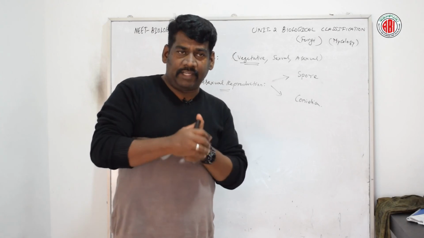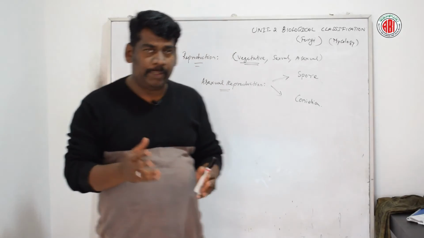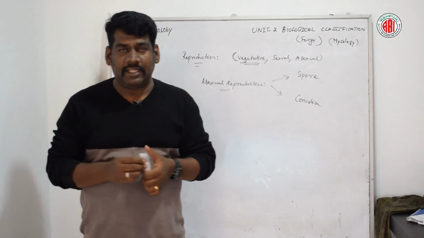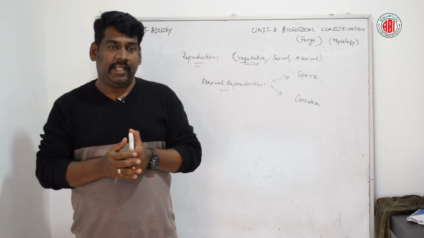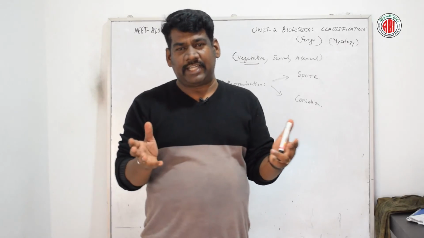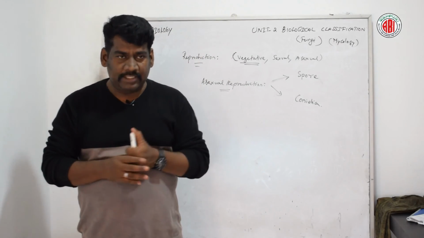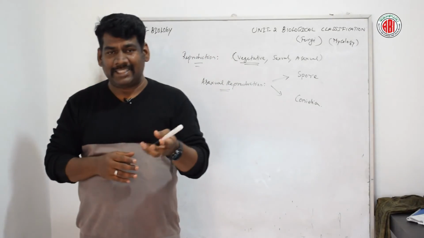The spores in fungi differ in shape and are usually unicellular, thin-walled, spherical structures, with a diameter ranging from 5 to 50 microns. There are different types of spores, like zoospores, sporangiospores, uredospores, teliospores, and Puccinia spores.